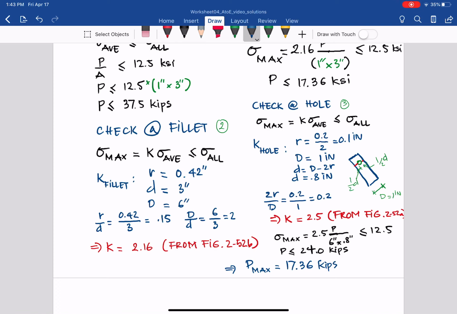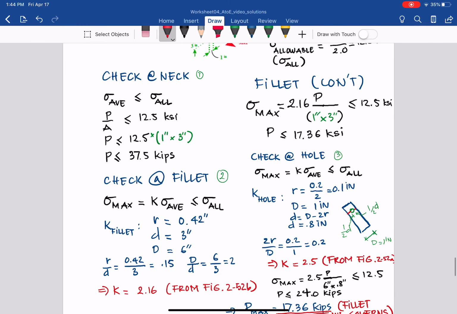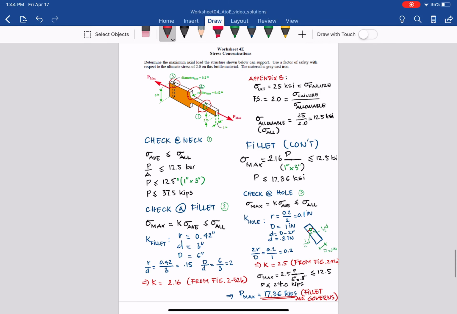And in this case, you can see that the fillet governs, because that is where basically the maximum stress is located. So that is the answer. So that is the stress concentration problem.